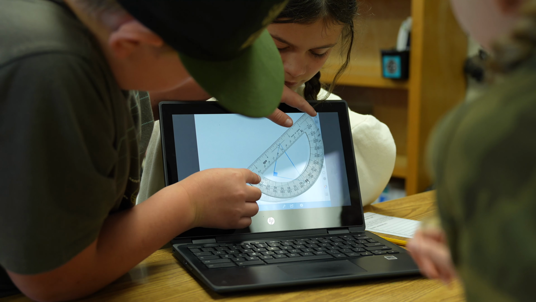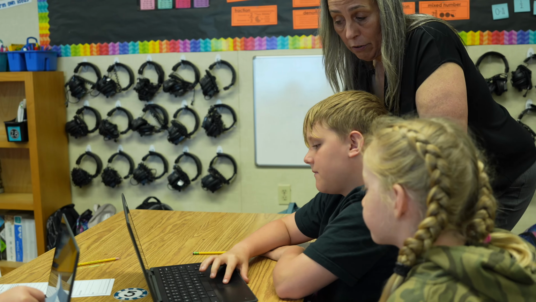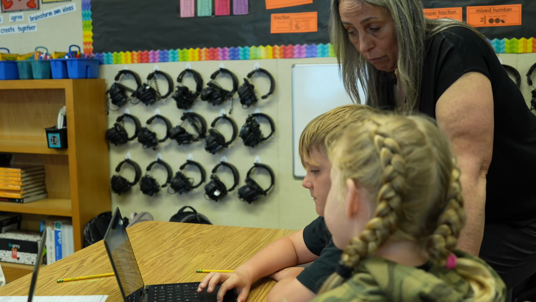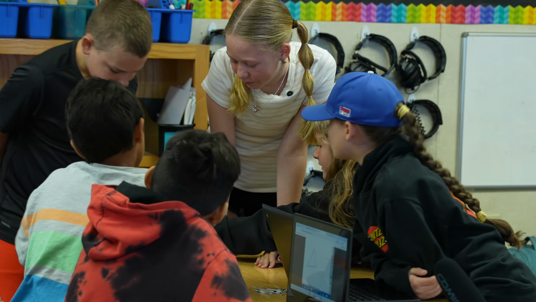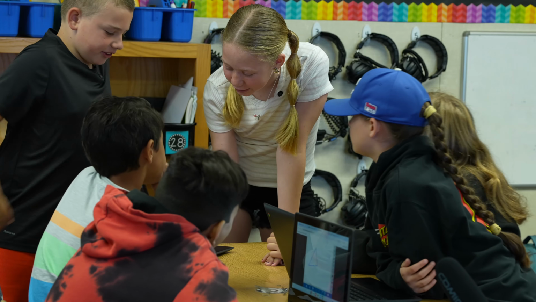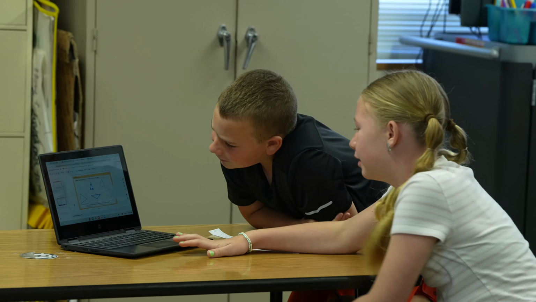After creating an illustration that met the task, students were presenting their polygon to a partner group, and they were explaining to them why they thought their illustration matched the task. And their job was to convince that partner group.